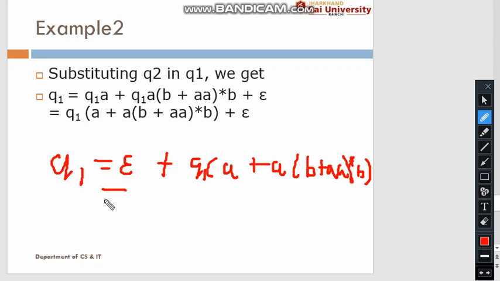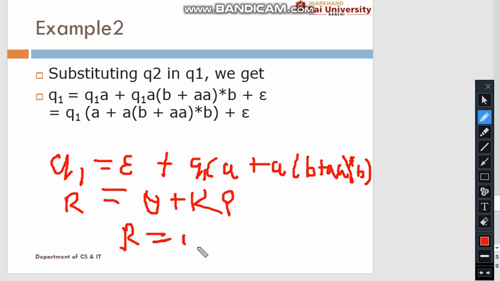And again we can see that this equation is in the form of R equal to Q plus RP, where q1 is the R, epsilon is the Q and P is (a plus a into (b plus aa) whole to the power clean closure into b). So we can write down this equation as R equal to QP whole to the power clean closure.